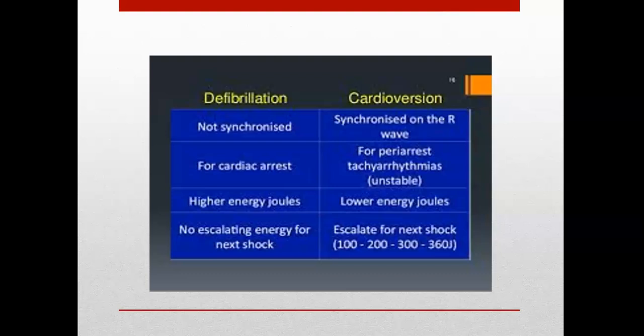So like your SVTs are the thing that I think of if we can't get the patient to convert out with medications like adenosine and reset. I have had to cardiovert people in SVT several times before. It uses a lower energy joule, and we escalate for the next shock. So we start at 100, then 200, 300, and then 360 is our max.